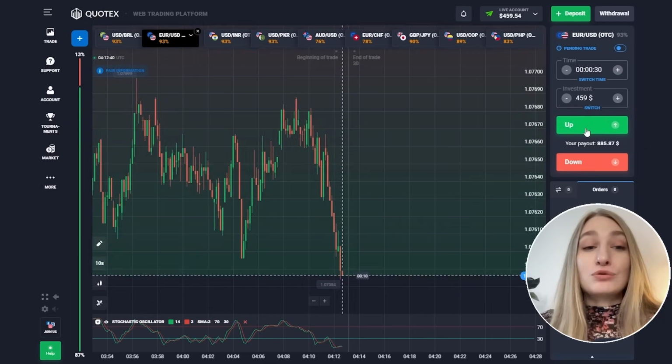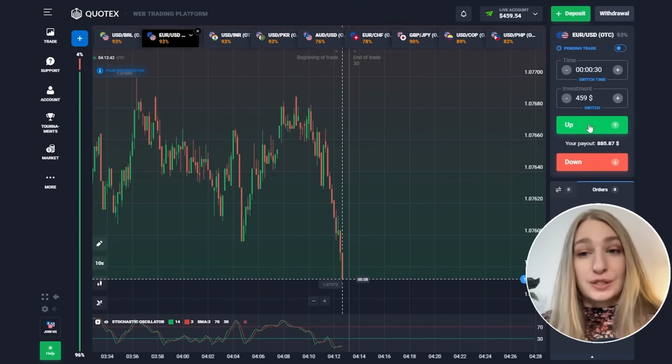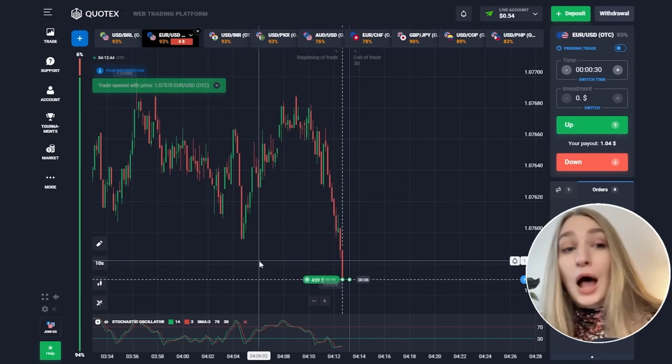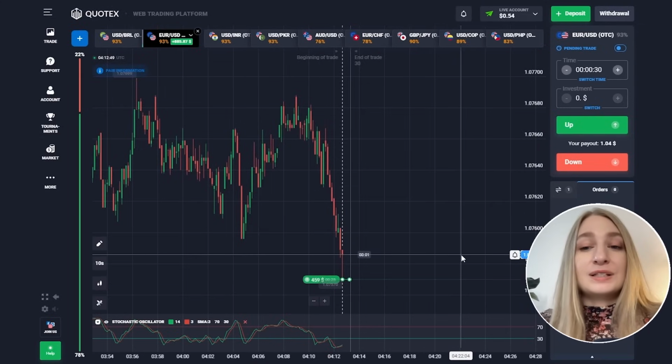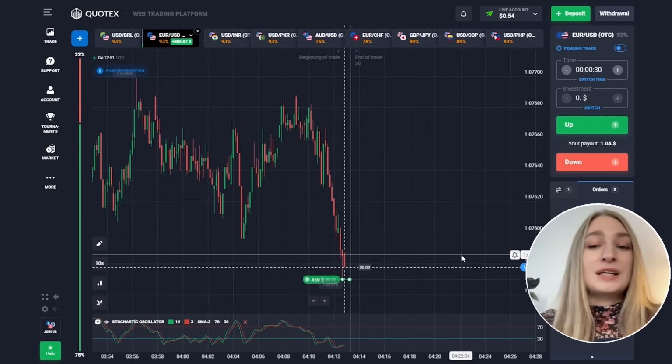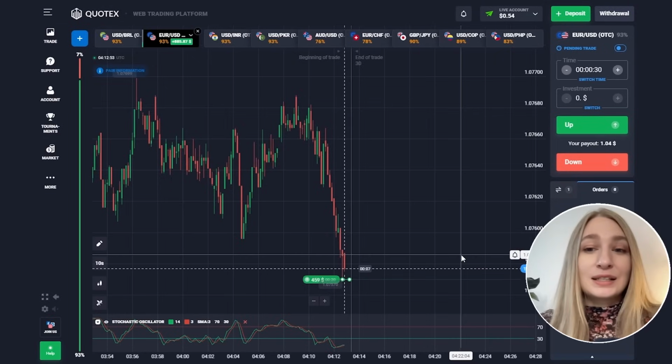So here, guys, look, I see a good situation at this point. I'm going to open a trade to the upside. We can notice that the line on the Stochastic indicator is already moving upwards, and it is moving away from the lower boundary.